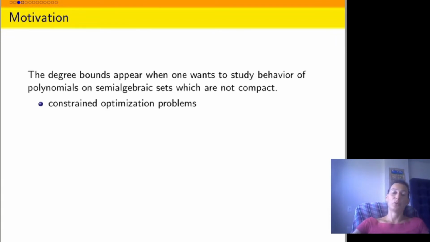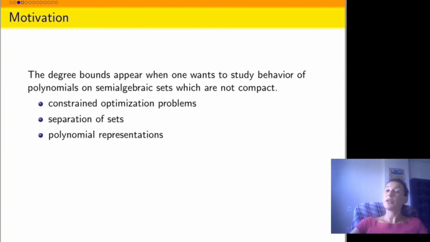So, for instance, one of such problems is constraint optimization problems, separations of sets, which I will say a little bit towards at the end of my talk, polynomial representations, Markov inequalities, and other problems.